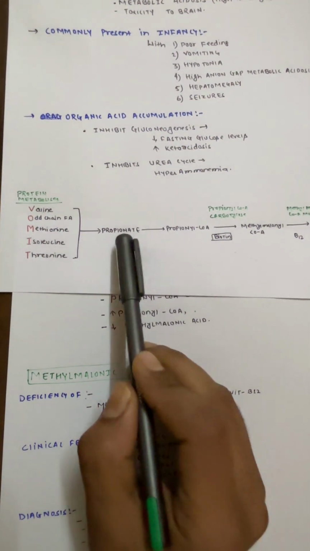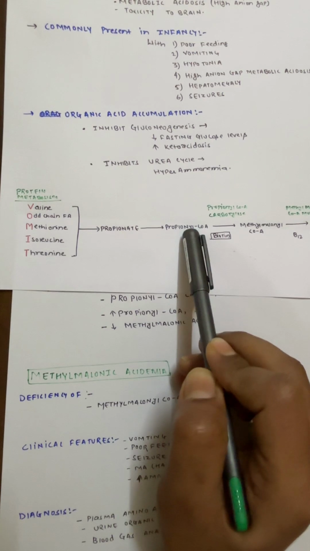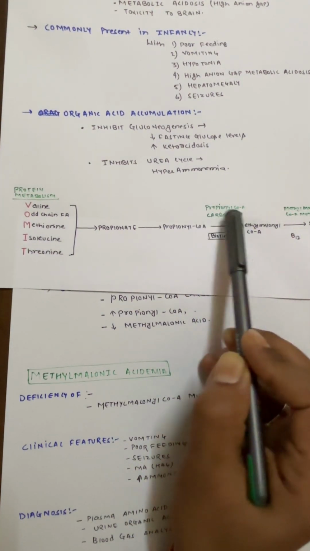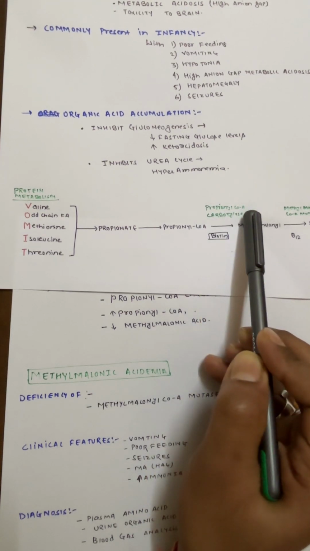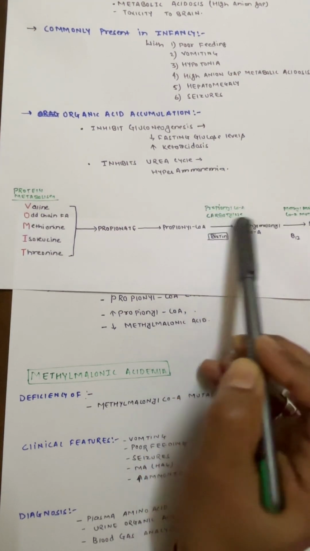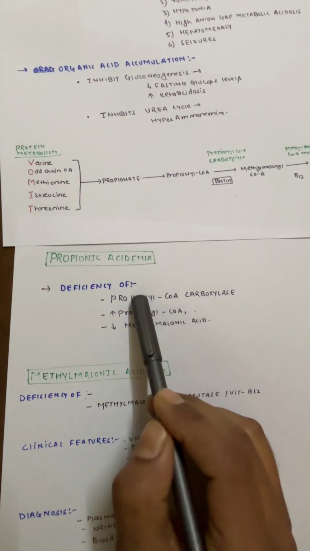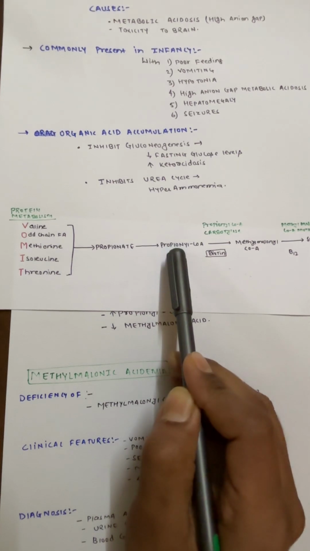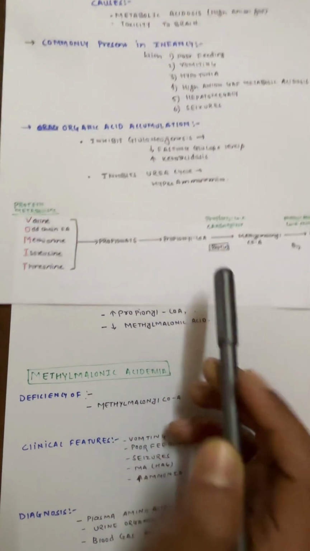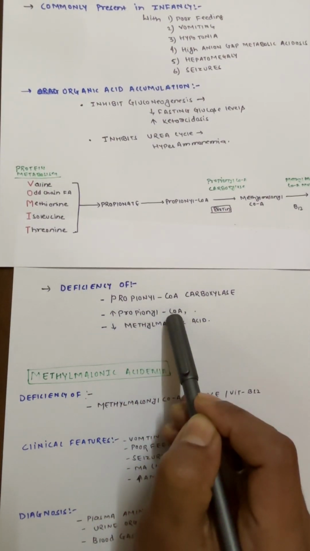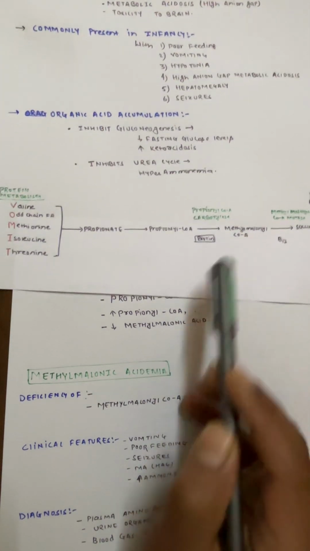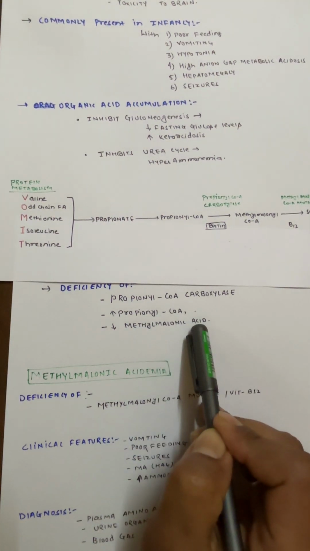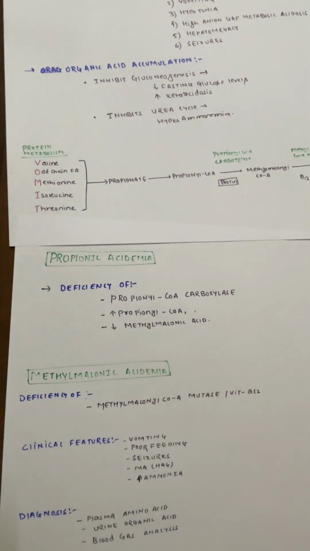Propionate is getting converted to propionyl coenzyme A, and then it is getting converted to methylmalonyl coenzyme A, and the enzyme used here is propionyl coenzyme A carboxylase, and this enzyme is deficient. If this enzyme is deficient, this will not form, and propionyl coenzyme A will accumulate in our body. So propionyl coenzyme A is increased, and methylmalonyl coenzyme A and methylmalonic acid will decrease. So this is all about propionic acidemia.